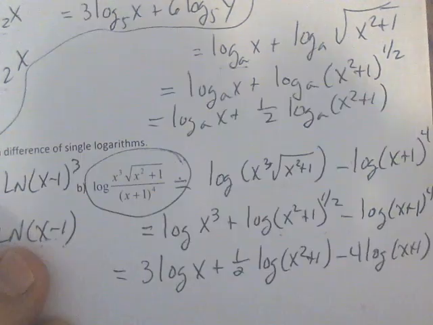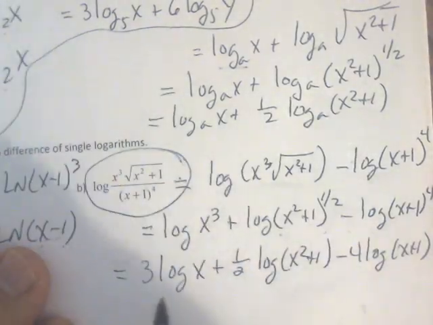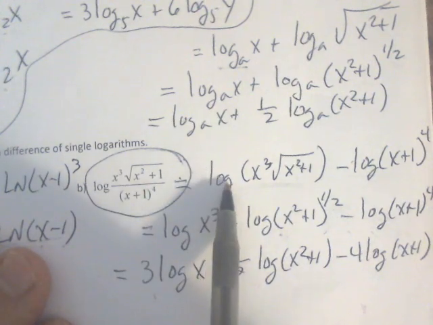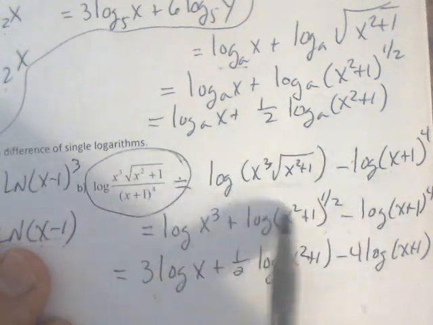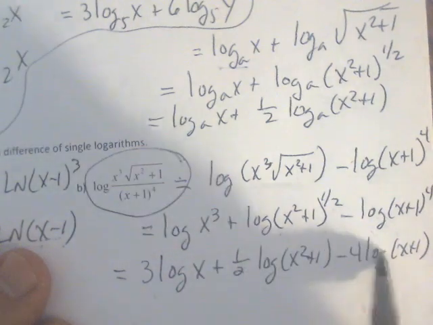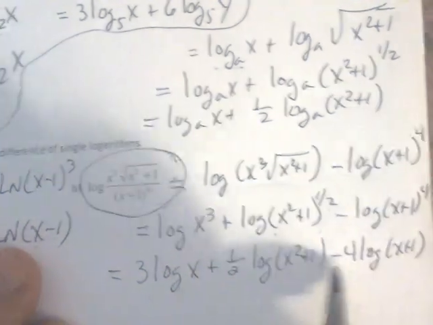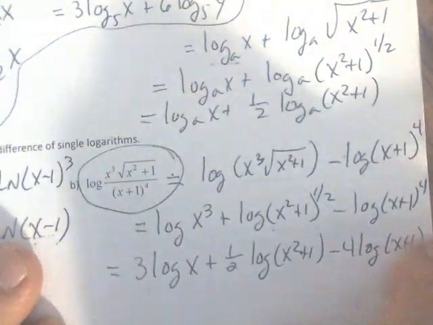And that's it, as far as you can go. So you've separated it, and you have taken a single log and expanded it into sums and differences of more single logarithms. And you break it down until there's no more laws you can apply to it. Okay, so that's what we do when we expand.